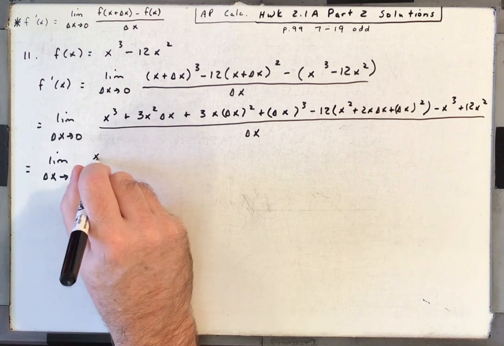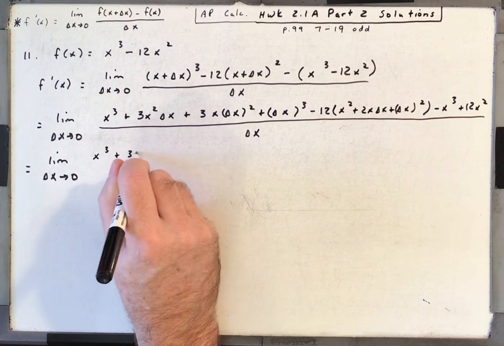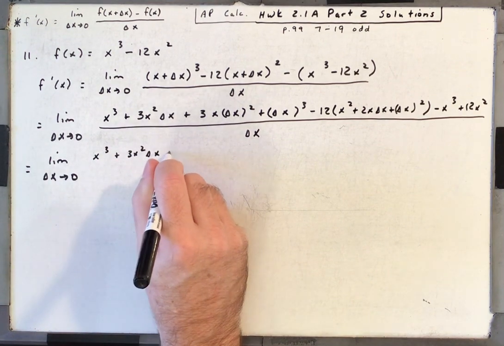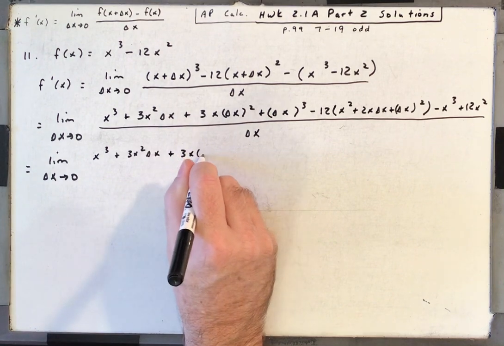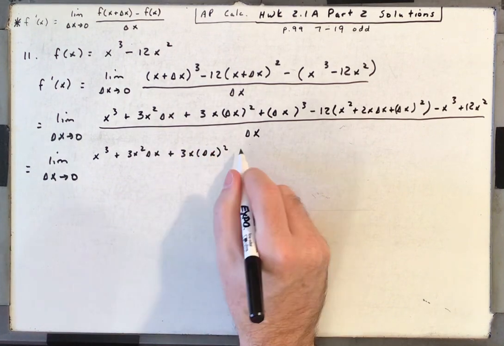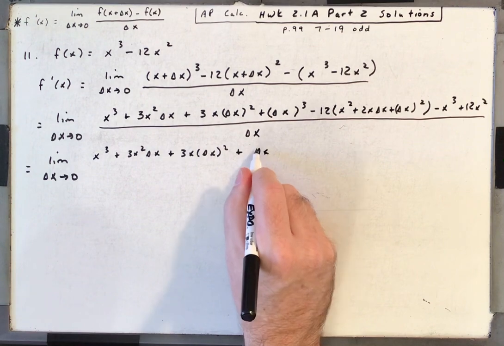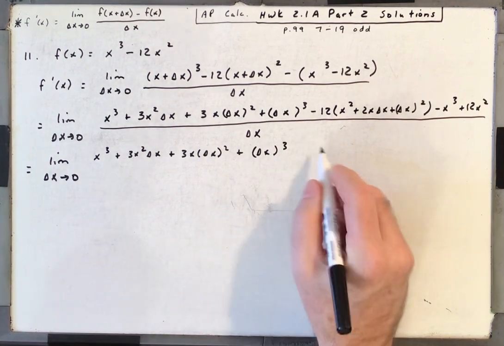Okay, so we've got x cubed plus 3x squared delta x plus 3x delta x all squared plus delta x all cubed.